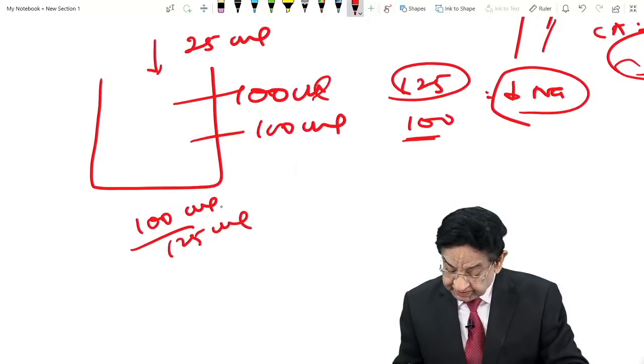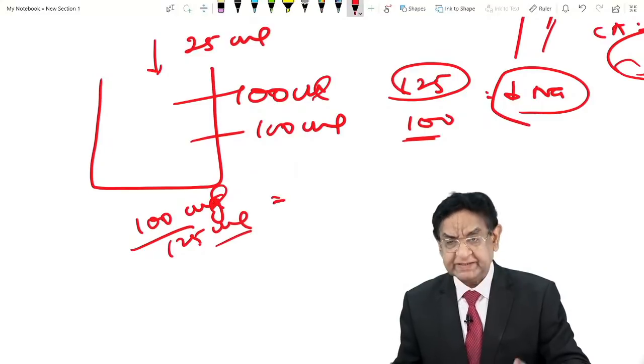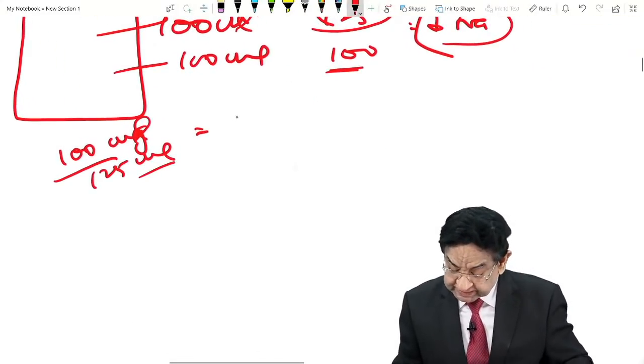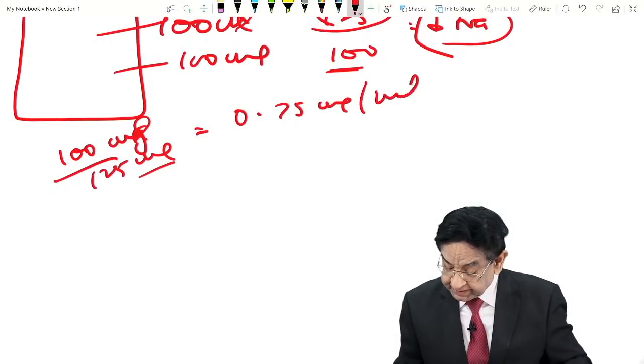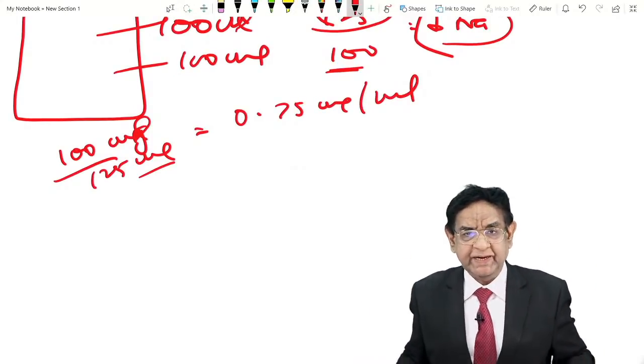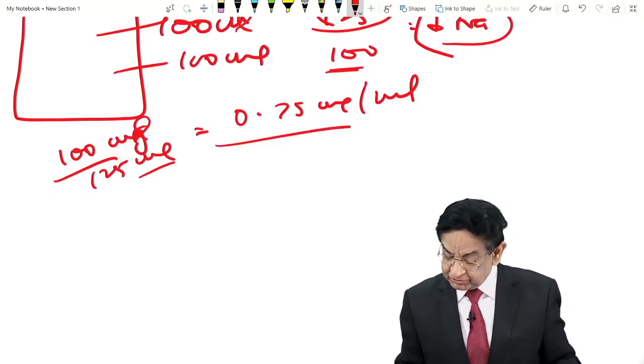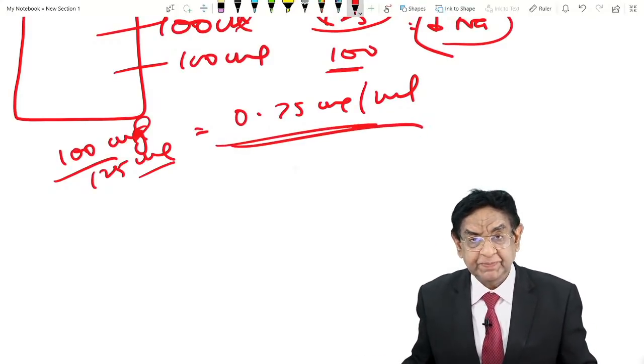Let's say my mathematics is not very good, let's say it is 0.75 milligram per ml. Let's presume. We medicos have poor mathematics, so definitely it is less than the normal.